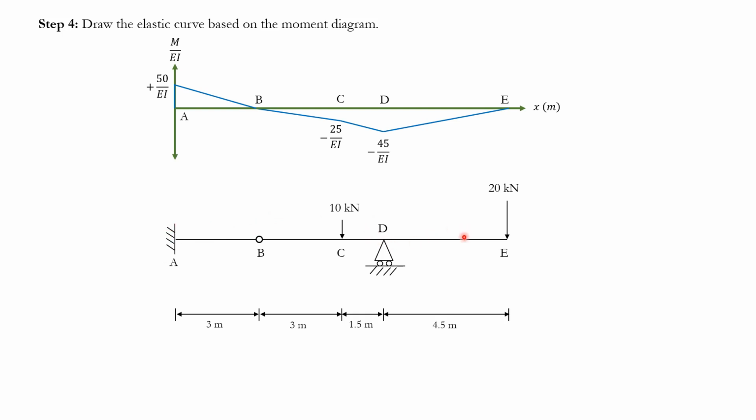A very important thing you can pay attention to here is that this 20 kilonewton, first of all, is much larger than the 10 kilonewton, double. And also we have a large lever arm here about this point. So it's going to bend it so much that it's going to continue this way. Let me show it.